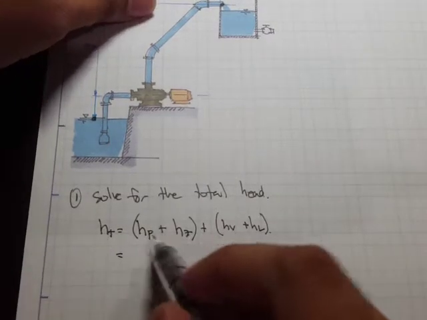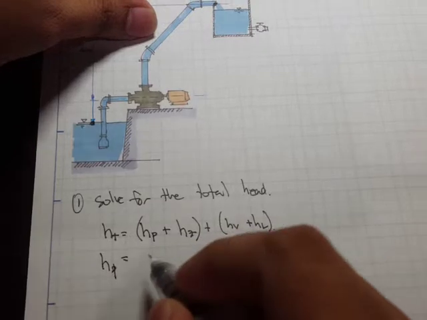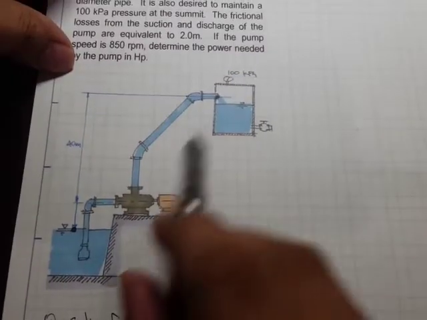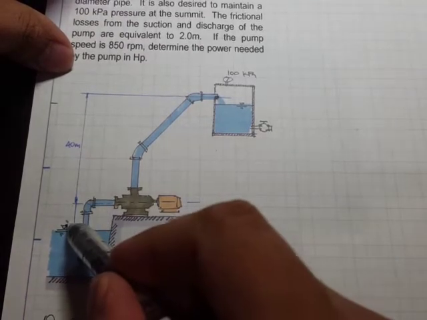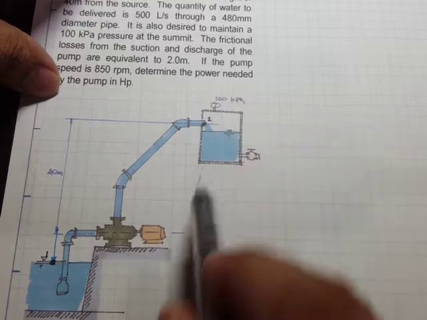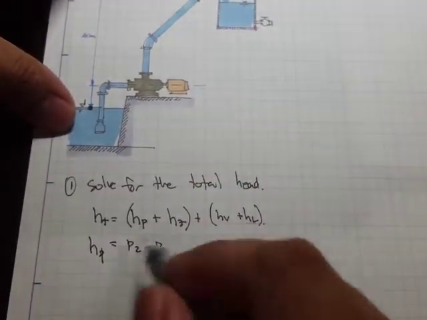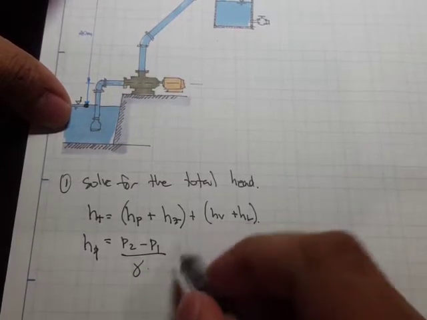Right, so for the pressure head, let's solve this individually. So P sub 2 minus P sub 1, and take note that the point under consideration is this point and that point. So here's our point 1, and here's our point 2. P sub 2 minus P sub 1 divided by the unit weight.